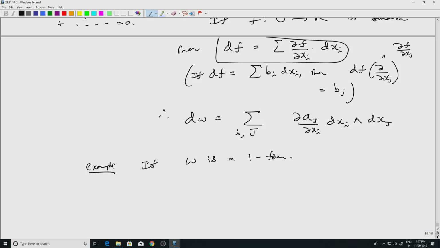If omega is a one form, then we know that I can write omega as the sum of aj dxj, and then d omega would be going by the stuff that I have here.